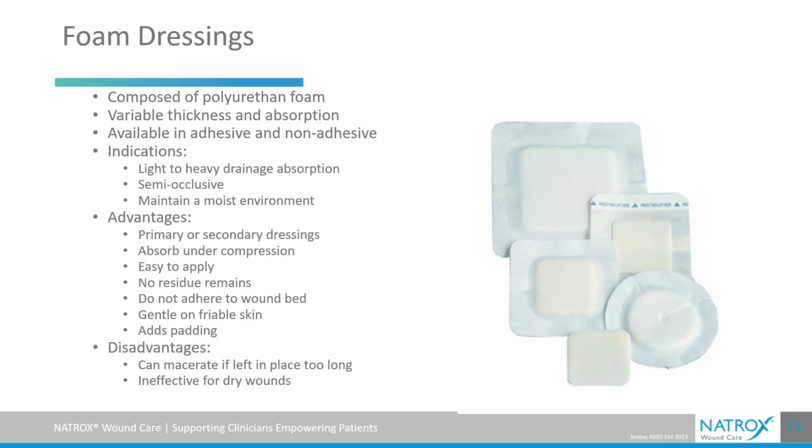They are absorptive under compression, easy to apply, have no residue that remains. They do not adhere to the wound bed. They can be used on gentle or friable skin. They also add padding. Disadvantages are that foams can macerate if left in place too long, and they can be ineffective for dry wounds.